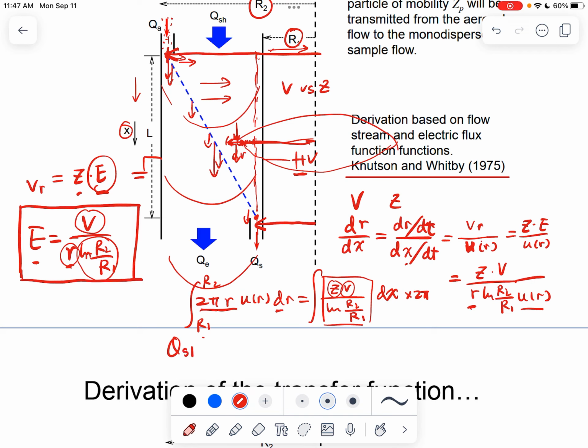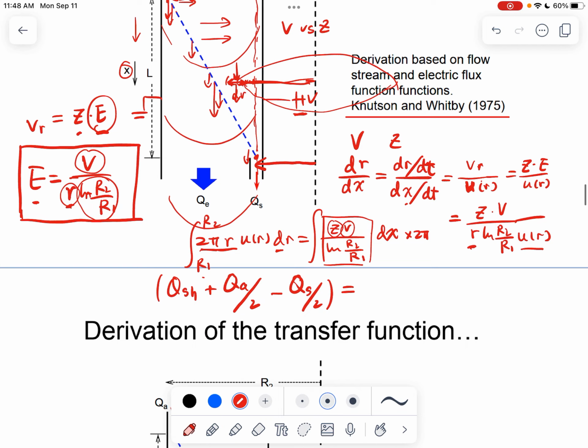What's the flow rate that's going through these two locations? Okay, so you could calculate that. Basically, that is just the sheath flow here, plus half of the aerosol flow, and then minus half of the sample flow. This is the flow rate.